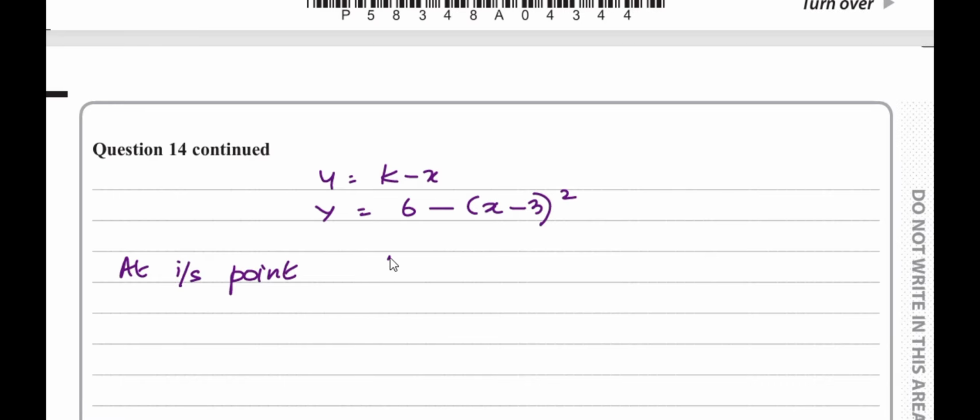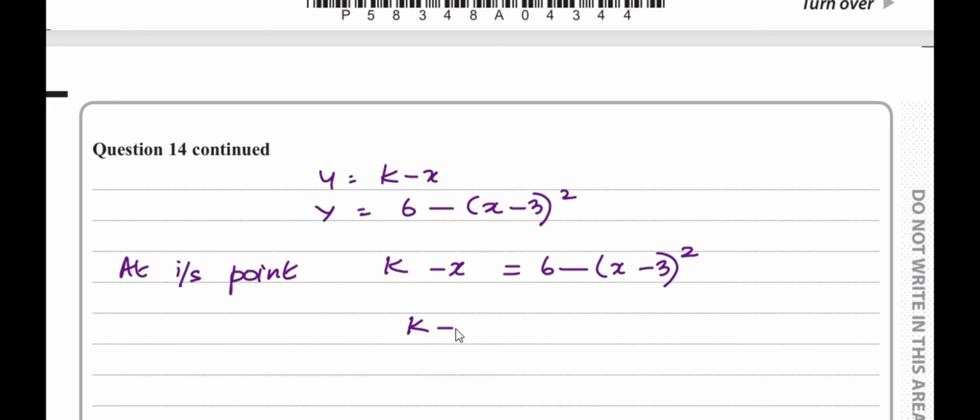Okay, so let's write y = k − x and y = 6 − (x − 3)², and at the intersection point they should be equal. So k − x = 6 − (x − 3)².